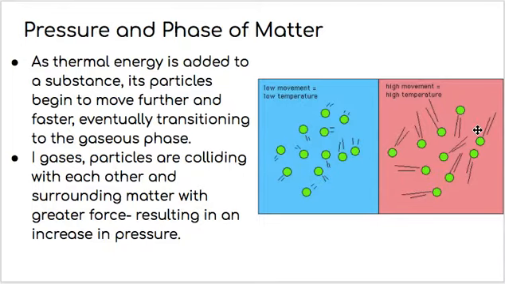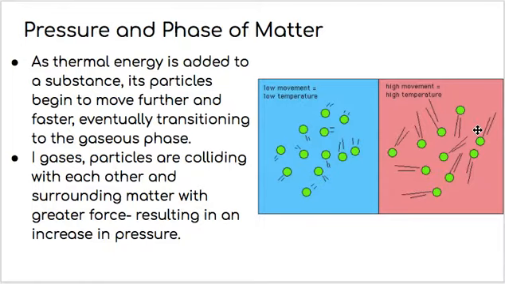This results in an increase in pressure in substances in the gaseous phase than in the liquid and the solid phase. So simply put, when a substance is in the gaseous phase, it is at a higher pressure than it is in a liquid or solid phase.